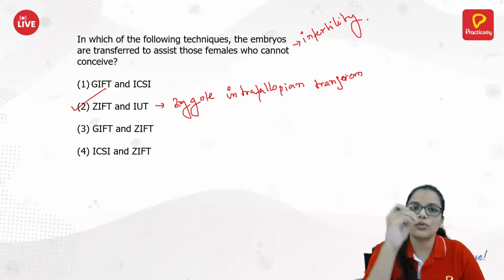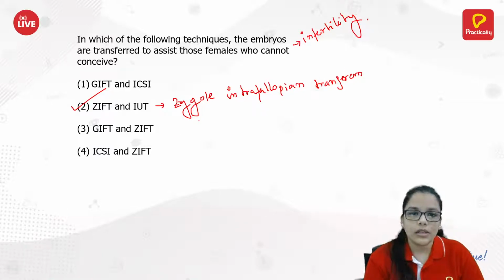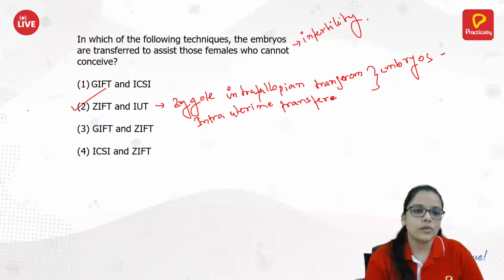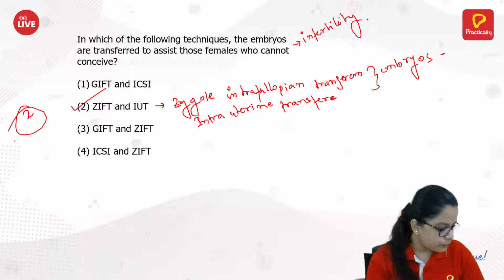With the help of the uterine transfer, they do it. Okay, these are both for embryos they do. So the answer is 2.